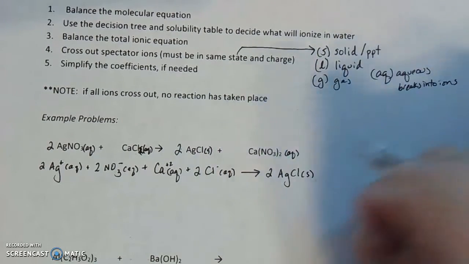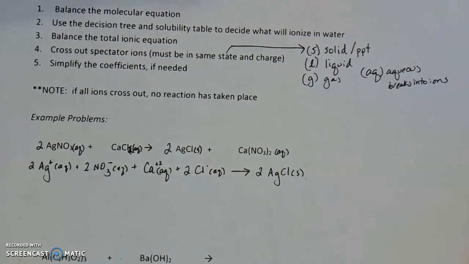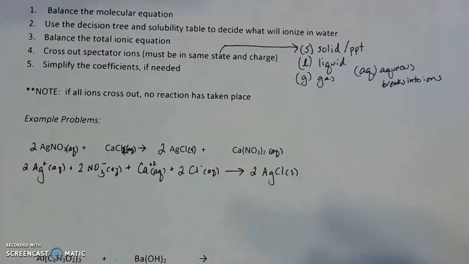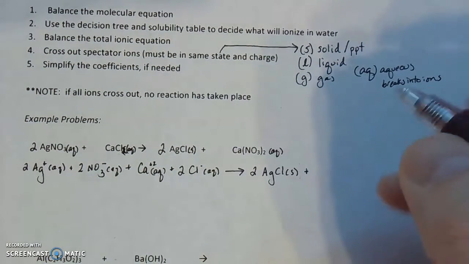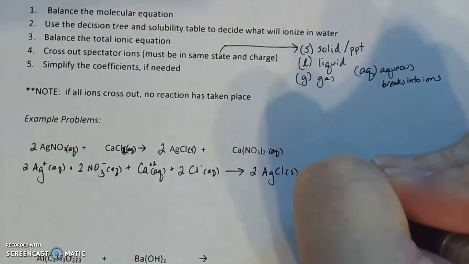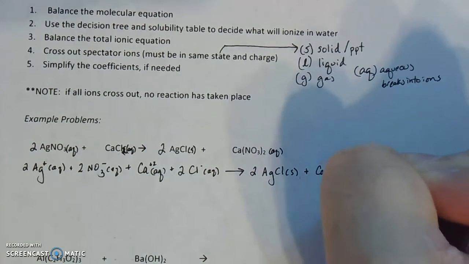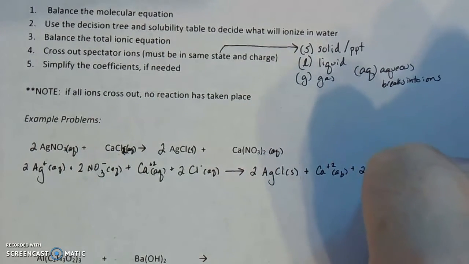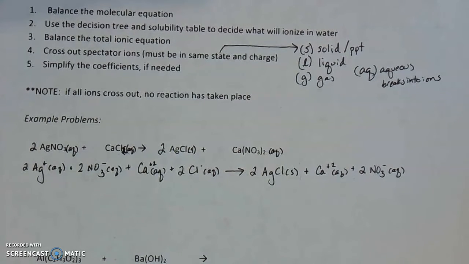So this one does not break into ions because it's an insoluble salt. It remains the same. Calcium nitrate, on the other hand, does break up because there's an AQ there. So we end up with Ca2+ AQ and 2 NO3- AQ.